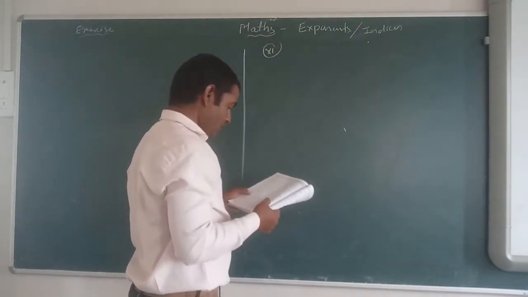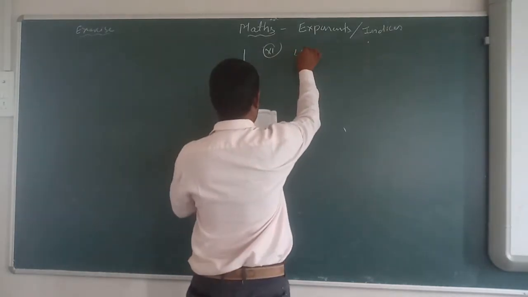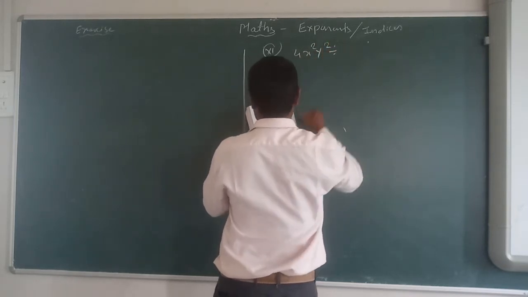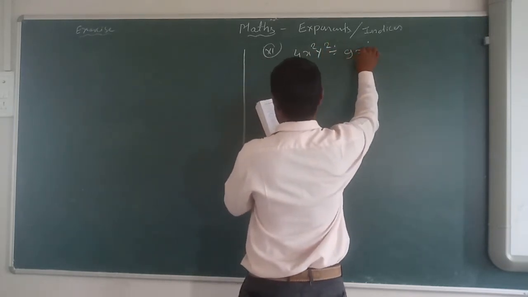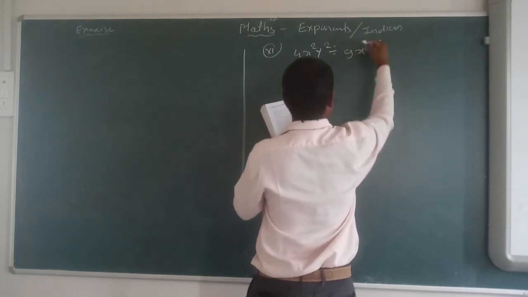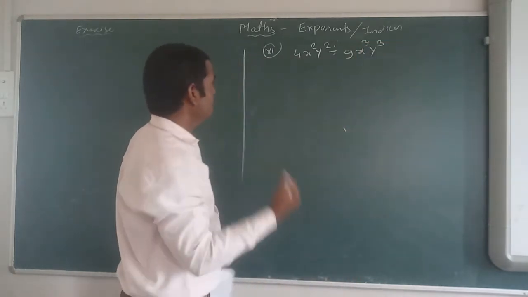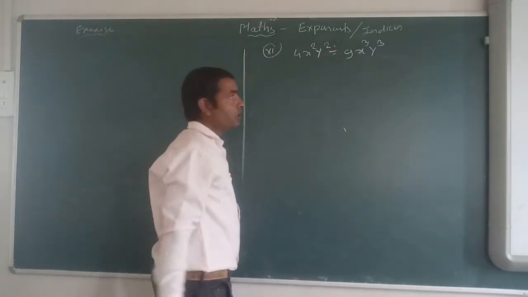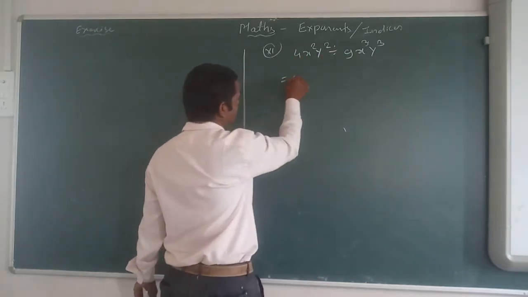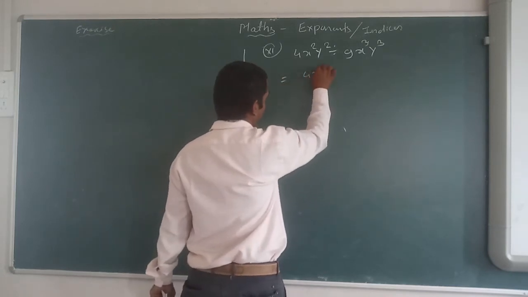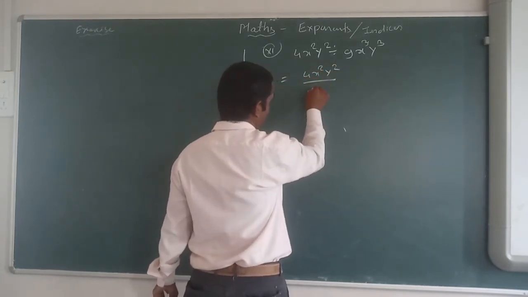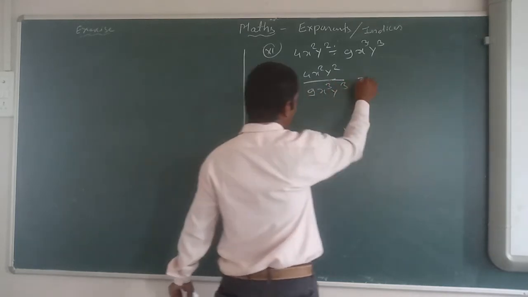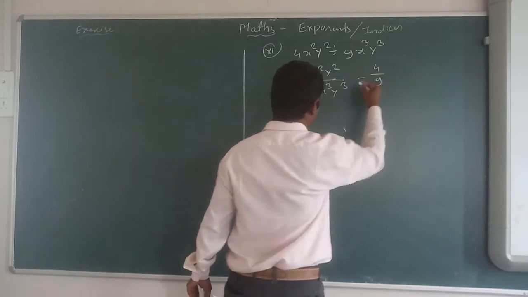In the 11th one, 4 divided by 9 x cube y. Here divide is there. Otherwise you can write it like this: numerator 4x square y square, denominator 9 x cube y. Next is 4 upon 9.